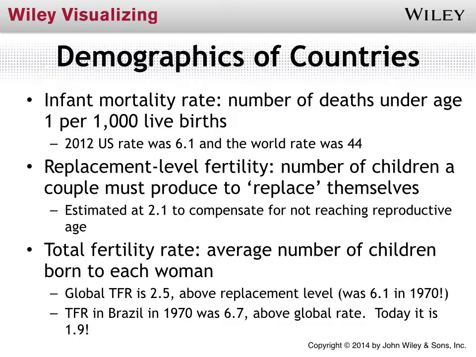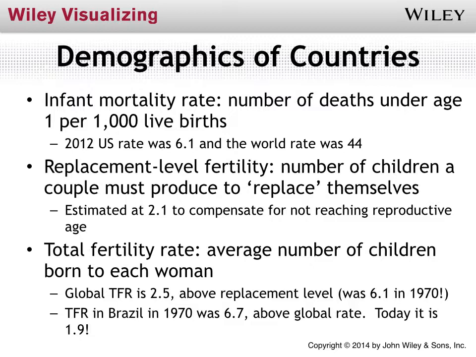Another factor, replacement level fertility, which is how many children a couple have to produce to replace themselves. So if you had 2 people making 2 babies, or just a hair more, so 2.1 would basically replace themselves. And if every 2 people made 2.1 babies, the population in theory would stay level, or basically the growth rate would be 0.